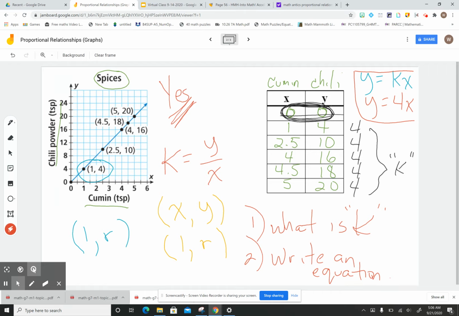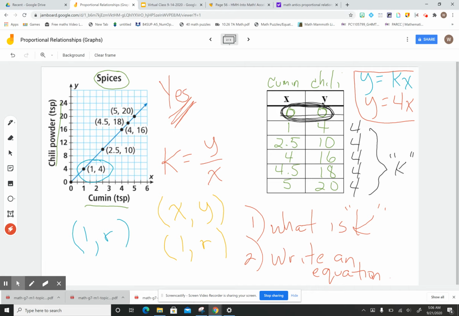So this number here is going to be your unit rate. In our ordered pair, X has a value of 1, so our unit rate is 4.